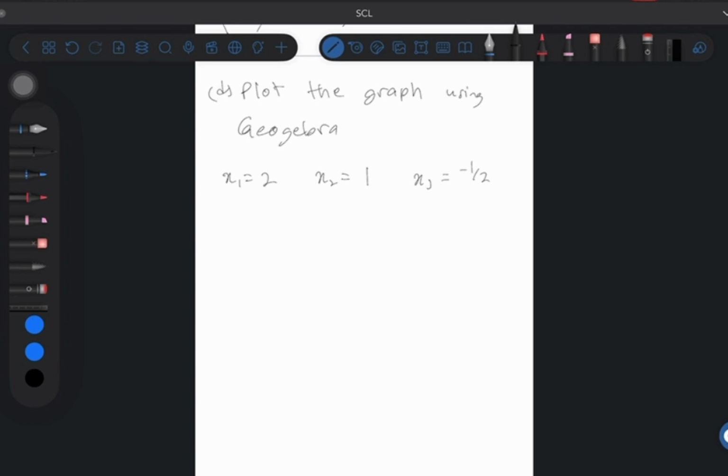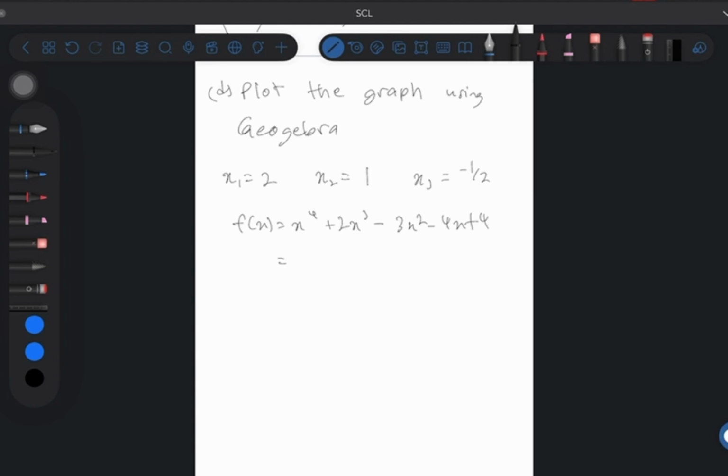Our original equation is x to the fourth plus 2x cubed minus 3x squared minus 4x plus 4. So we have to take the critical number and substitute it into the original equation to get the y value.